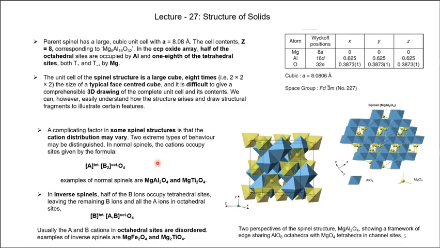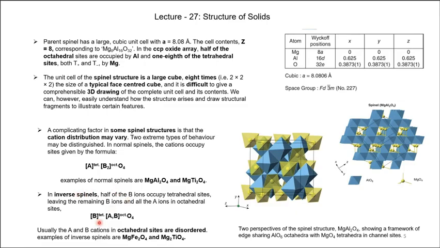We are now talking about normal spinel. All A cations are in tetrahedral sites, all B cations are in octahedral sites. An example is this one. If we describe spinel, we always say normal spinel and inverse spinel.